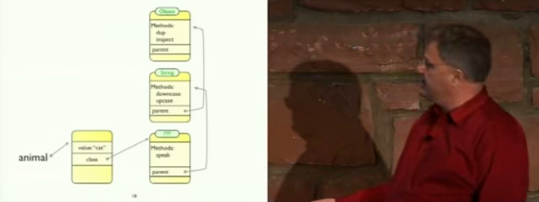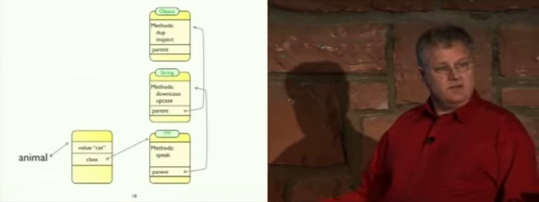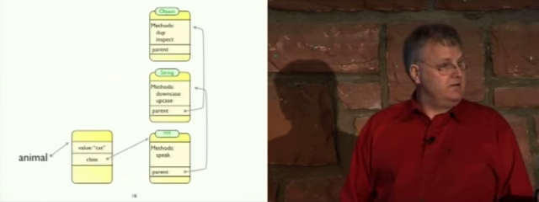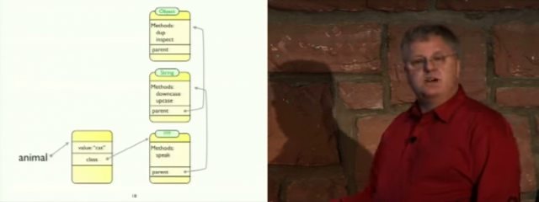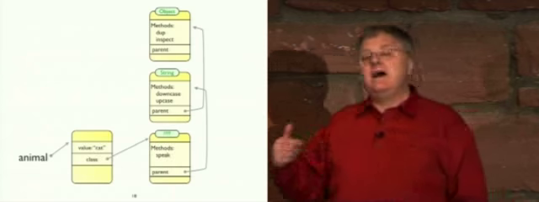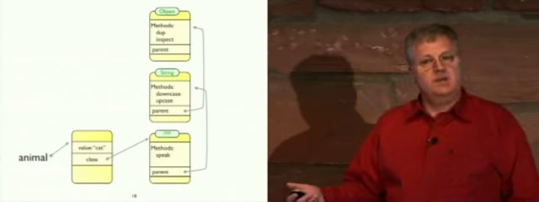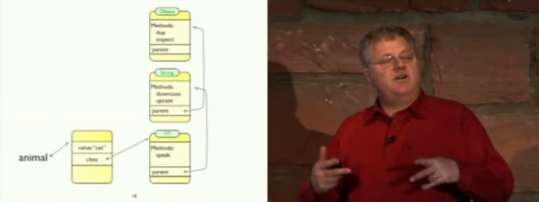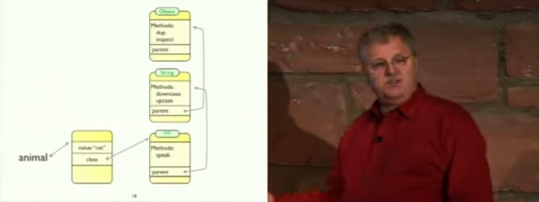If you said to animal, what is your class? It will say, it's a String. It lies. It's not a String. It's one of those guys. But Ruby's not going to tell you that. I'll show you a bit later on how you can get to that guy. The other problem is that there is no official name for what this thing is.